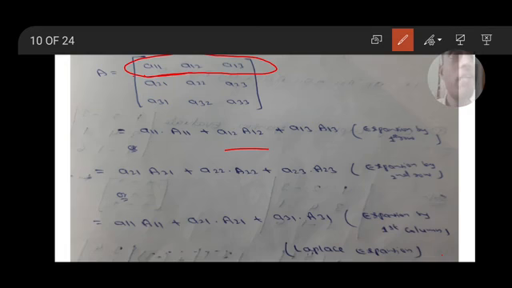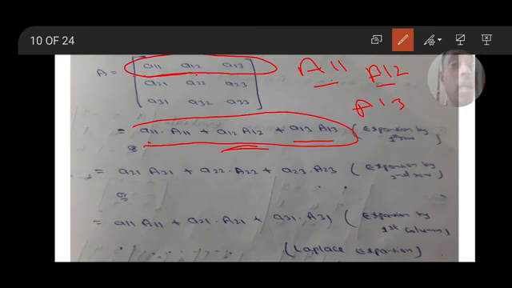That means we multiply small a11 into capital A11, plus a12 into capital A12, plus a13 into capital A13. This sum is called the determinant of A.